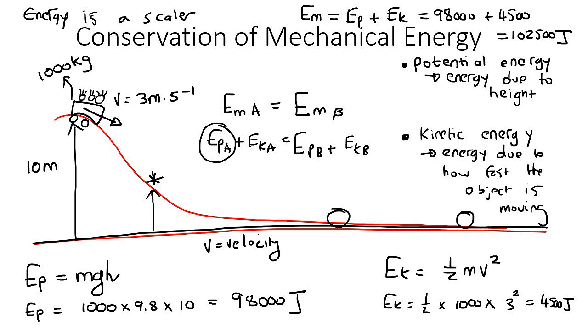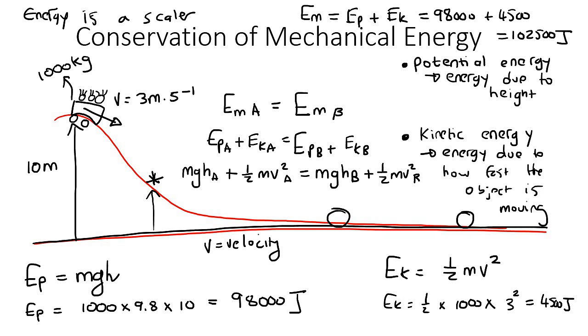We can say that the potential energy at A, now remember potential energy is this, so we could say mgh for position A plus, now we can use kinetic energy, which is this formula, for position A, so we can say half mv squared at position A is then going to be the same as the potential energy at B plus the kinetic energy at B.